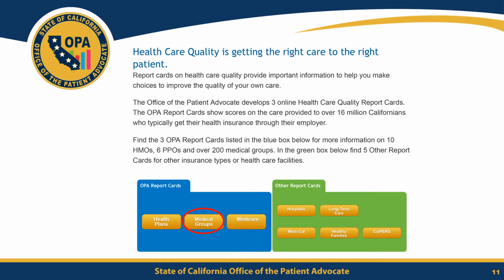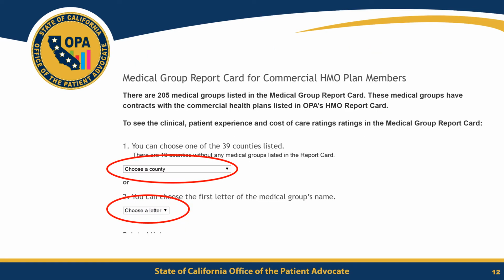We will now continue with the medical group report card. Circled in red, we're going to click this link, and we come to a chooser page where you can choose by county or by the first letter of your medical group's name.